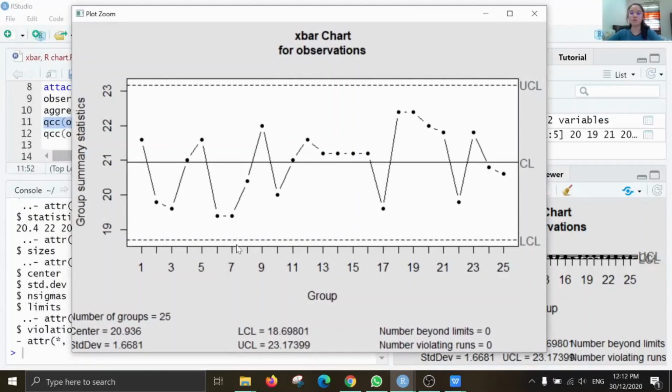The number of groups is equal to 25, and the center line is 20.936, the lower control limit is 18.6980, and the upper control limit is 23.17399.